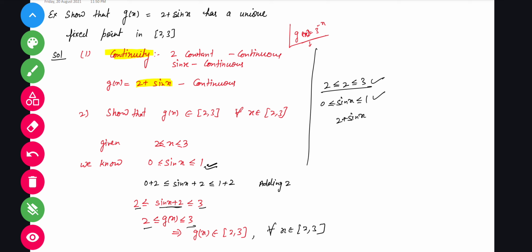We need to satisfy all the three conditions to say that it has the unique fixed point. But if the third condition is satisfied, we can say that it has at least one fixed point. But to say that there is only one fixed point, we also need to show the first two conditions, that it is continuous and g of x belongs to the interval for all x belongs to the interval.